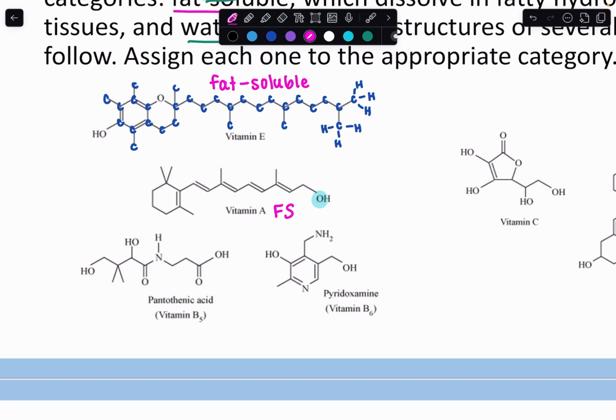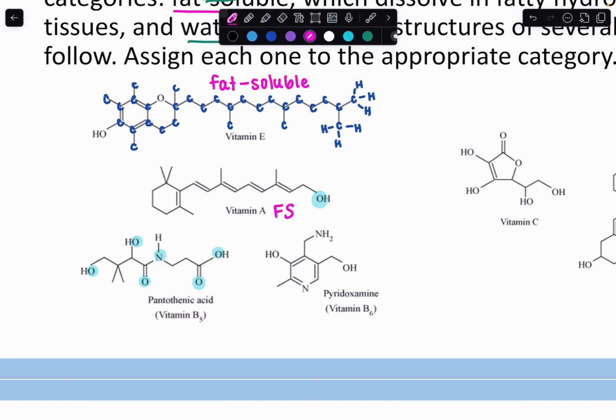Now, if we look at vitamin B5 and just pick out atoms that are different than carbon and hydrogen, we have oxygen, oxygen, nitrogen, oxygen, oxygen, oxygen. So although there are a number of carbons here, there are also a good number of polar bonds, atoms that can hydrogen bond, atoms with lone pairs.